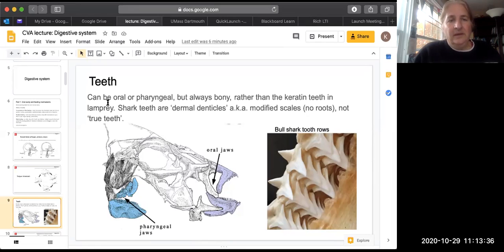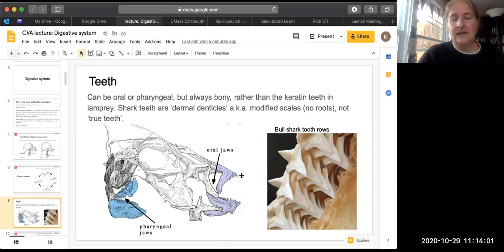We can talk about oral teeth, which are, of course, like our teeth up in the buccal cavity, or pharyngeal teeth. So the pharynx, right at the back of the throat. Some animals have pharyngeal teeth. Many fishes have them. So here are the pharyngeal teeth in this fish, and here are the oral teeth, the oral jaws.